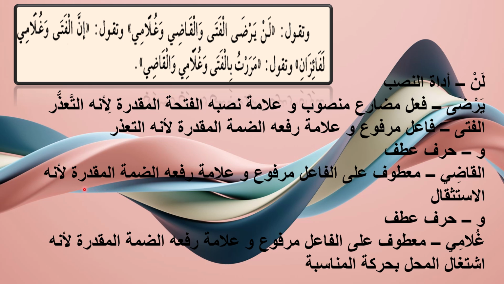Now it has a dhamma on this weak letter ya, but as I said, the ya will not show dhamma in marfu case. So in this case, what will you say in your i'rab? Al-istithqal. It's heavy here. You cannot write the dhamma on this weak letter ya.